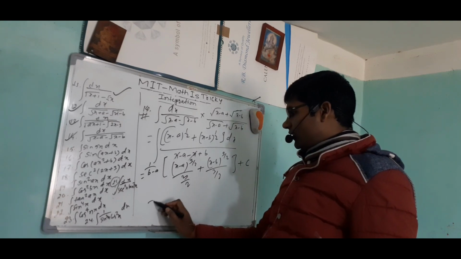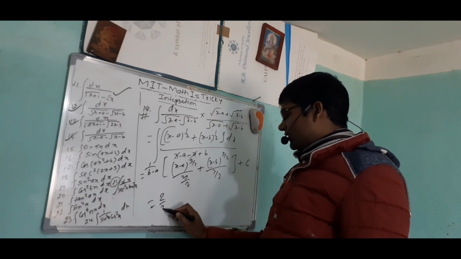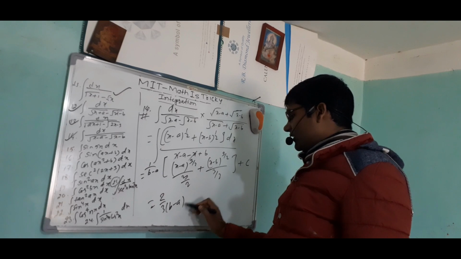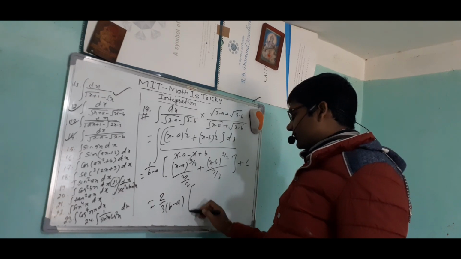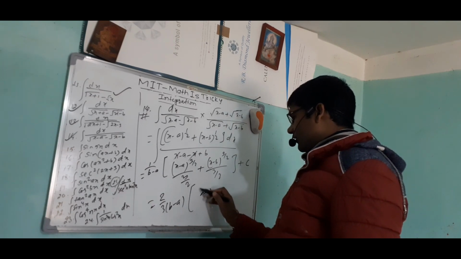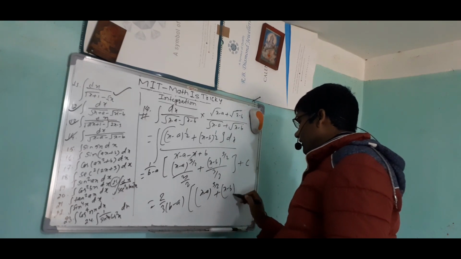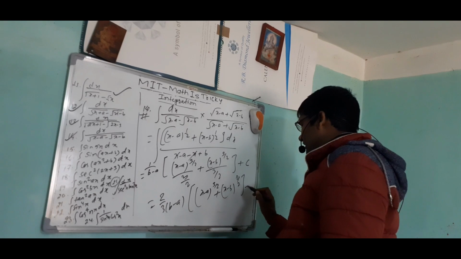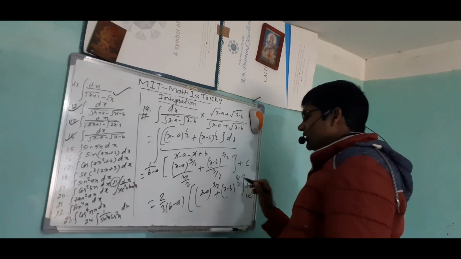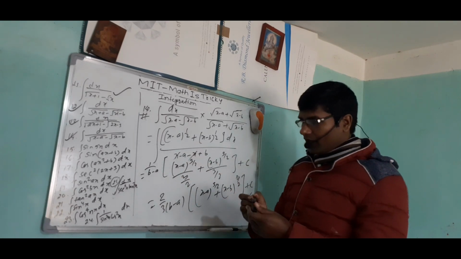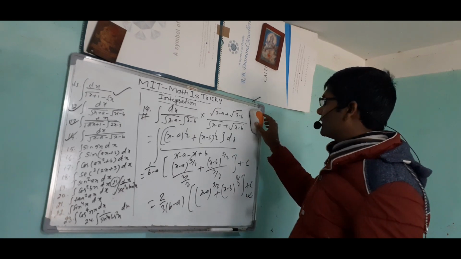So it is going to be 2 by 3 times b minus a, times x minus a power 3 by 2 plus x minus b power 3 by 2, plus c is constant. It is similar to the previous question number 12. So hope you understood this.